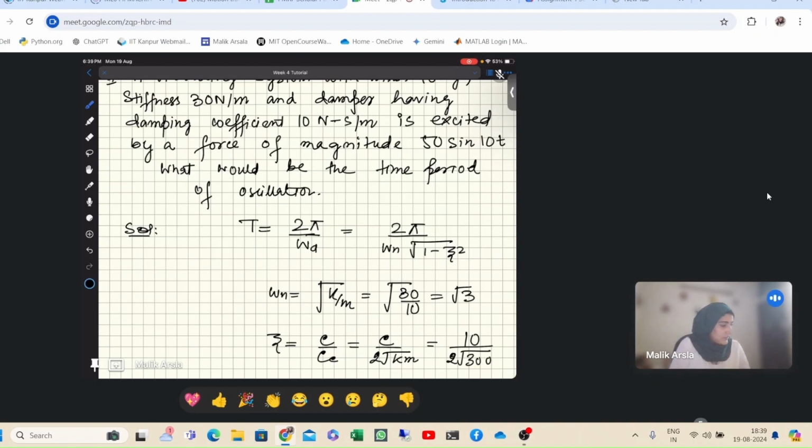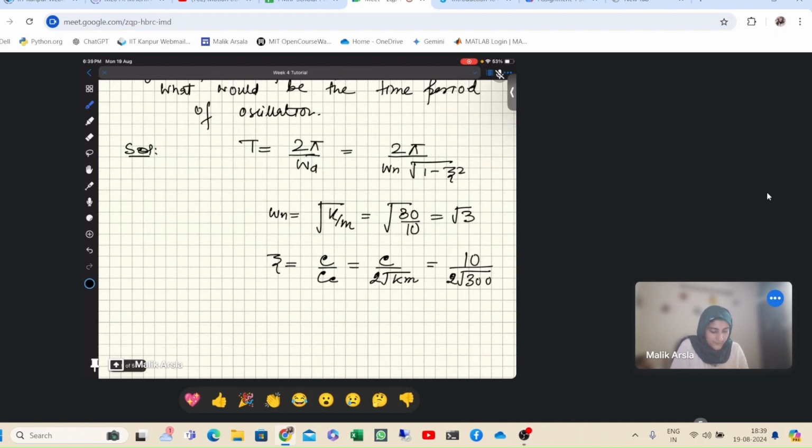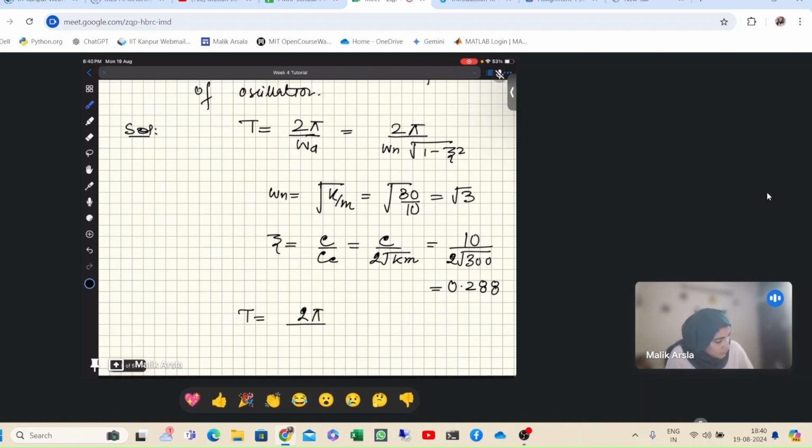I have not calculated it. So this is coming out to be 0.288. This will be your zeta. And now time period is what? 2 pi upon root 3 into under root of 1 minus 0.288 square. Okay, so let me quickly find it.